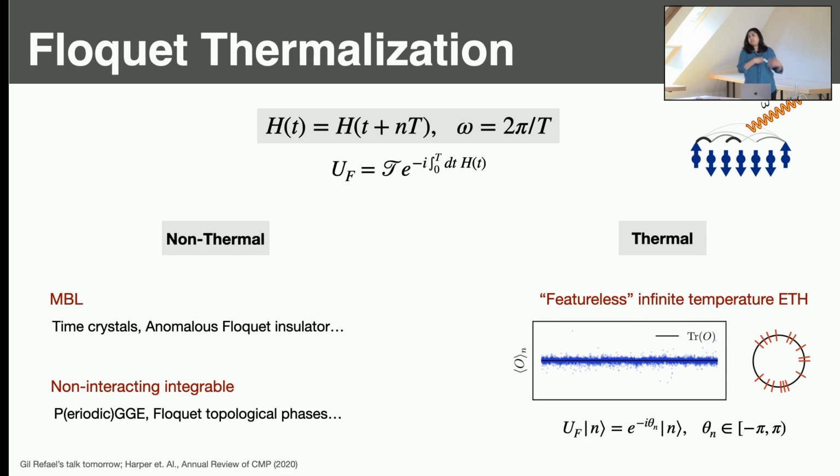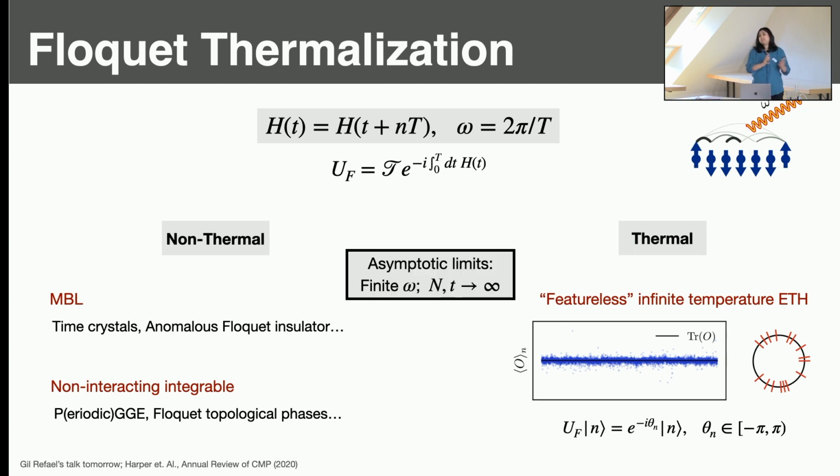On the other hand, we have lots of examples of ways in which we can avoid this Floquet thermalization, for instance, by thinking of many-body localized systems, or by thinking of integrable Floquet systems, non-interacting Floquet systems. And in these settings, you can indeed get lots of different kinds of interesting Floquet phases, and there's a lot of beautiful work, okay?